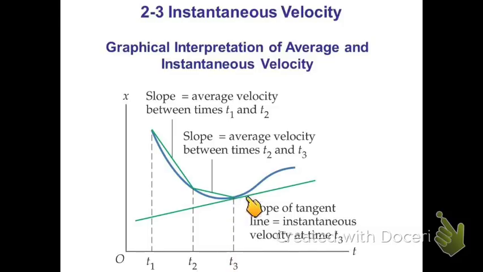And this green straight line touches the trajectory at only one point. That means the slope of this line is just the instantaneous velocity of the object right at time t equal to t3.